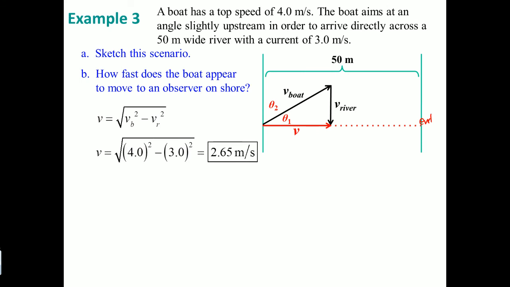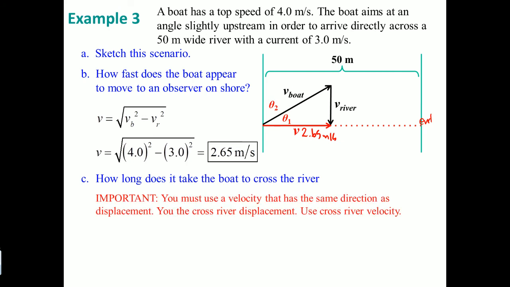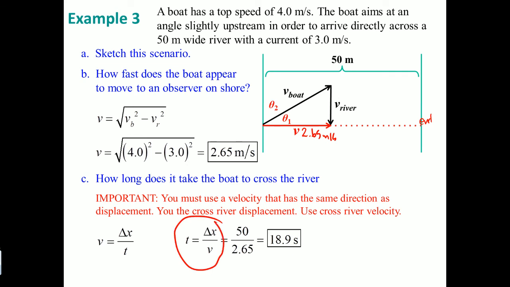Again, set up the Pythagorean theorem, and his velocity here is 2.65 meters per second. To find the time, you must use the velocity in the same direction as the displacement, the cross-river velocity. It's 50 for the distance, and v is 2.65. This is how much time it takes.